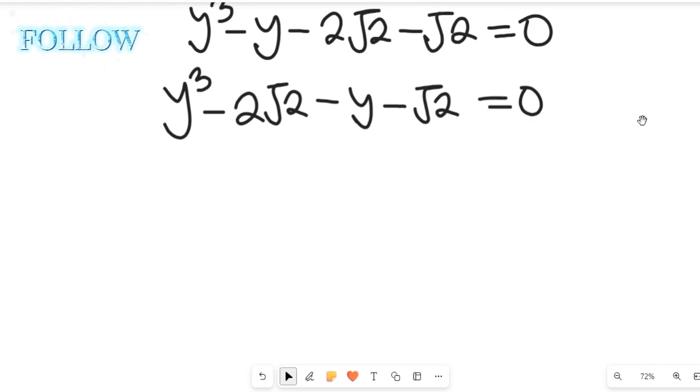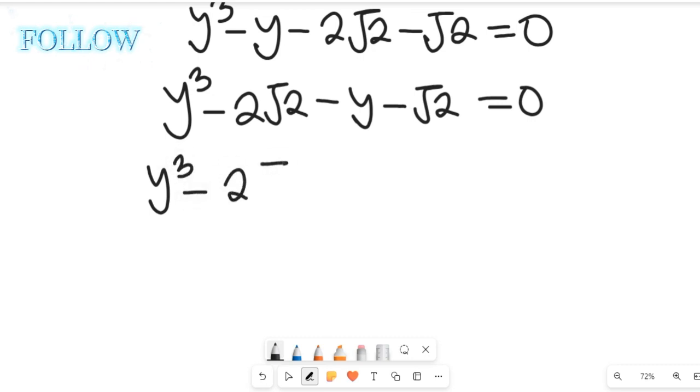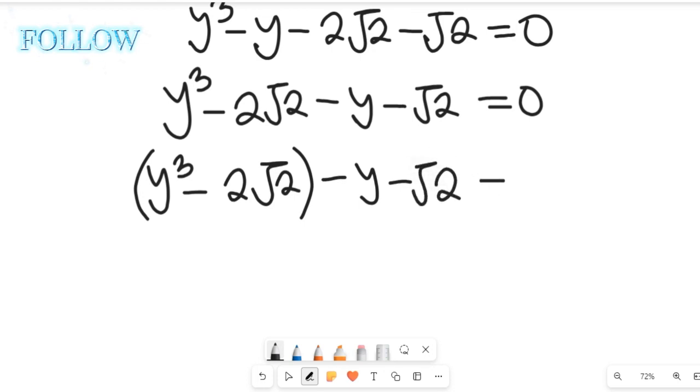So let's separate this equation. If we separate this equation, we're going to have y to the power of 3 minus 2 root 2, and this will be minus y minus root 2. That will be equal to 0. Now I want us to do something.